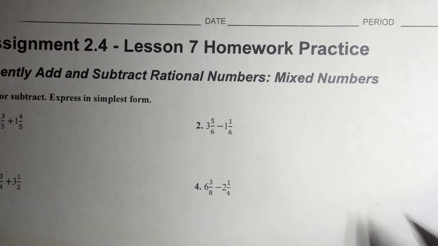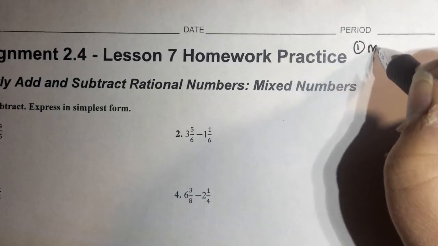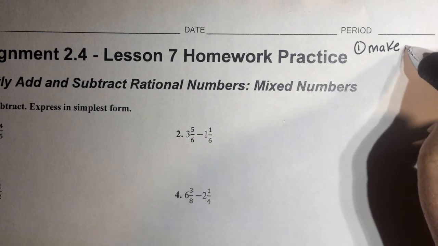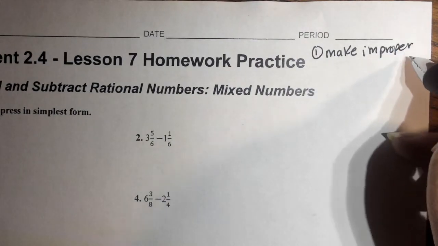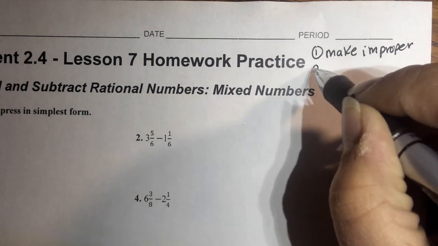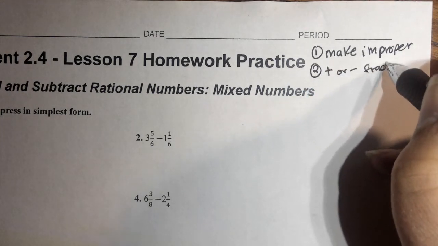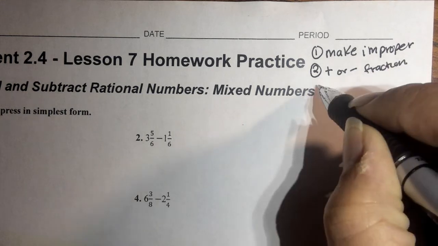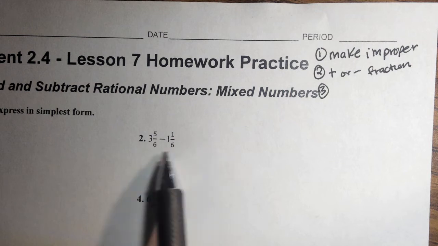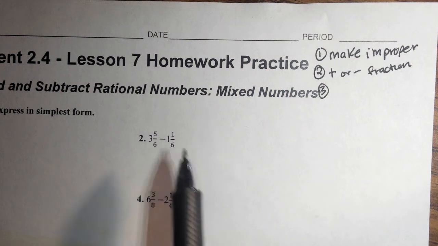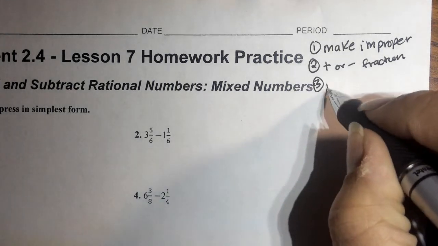The way I recommended and the way we practiced in class was to first make your number an improper fraction. After that, you just add the fractions or subtract the fractions, whatever the problem says to do. And then last, because we're given mixed numbers, we want to give our answer back as a mixed number.